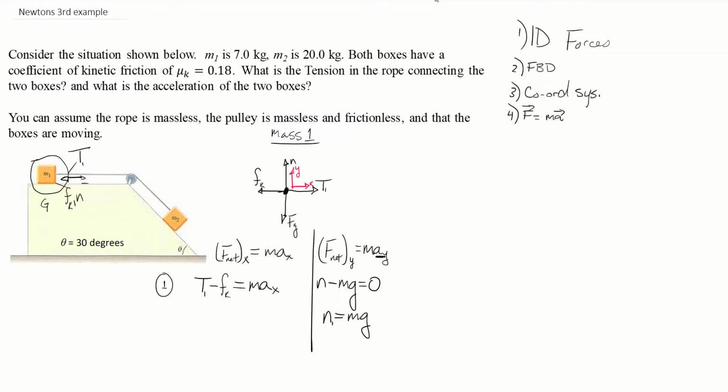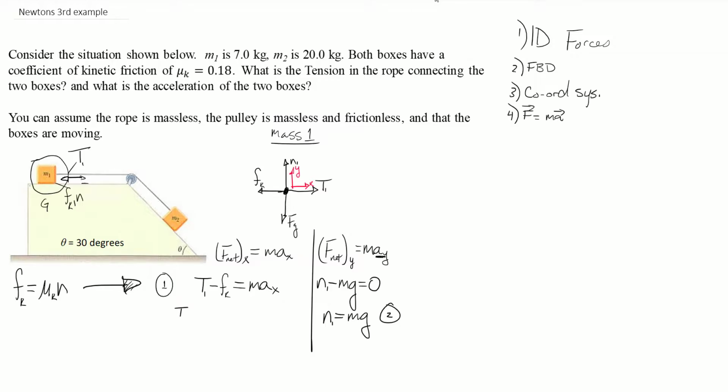And this is the normal force on mass 1. Should probably be explicit with some of these subscripts, right? So this gives us our second equation. Now, we can do a bit more here. If we recall, we know that kinetic friction is equal to the coefficient of kinetic friction times the normal force. So we can make that substitution into equation 1 here that we solved.